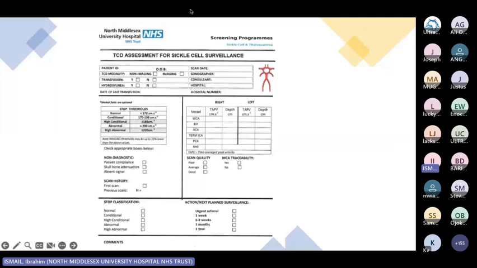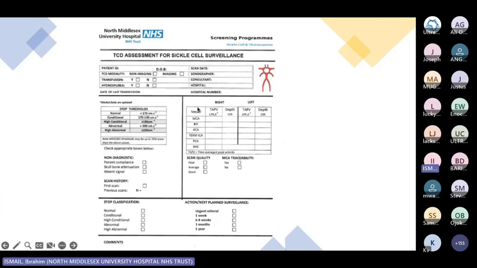If the patient was on transfusion, I would also write the date of the last transfusion, understand when they've had it, and then make a decision on whether the TCD scan is clinically and diagnostically appropriate or not.